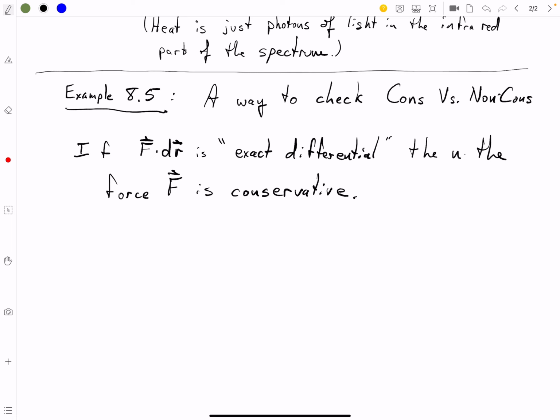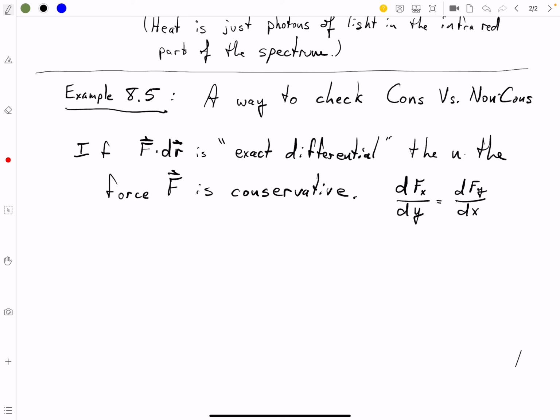Okay. So we're going to do an example. It's the best way to do it. All right. Before we do, what it boils down to is dFx dy is equal to dFy dx.